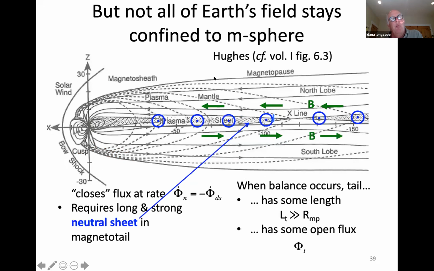There's no way of really figuring that out ab initio, but once you have the total amount of flux in that, you can work out how wide this magnetopause is. And assume that it's much longer than it is wide, then it really looks like a cylinder, a cylinder that has some amount of open flux.